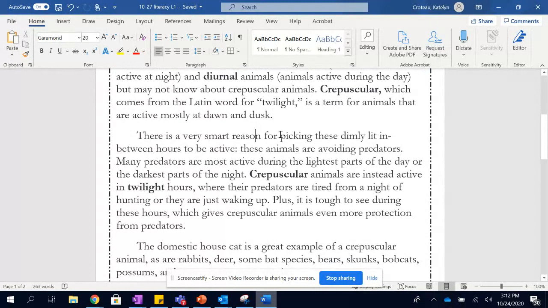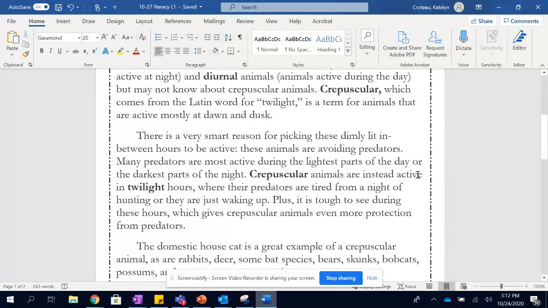There is a very smart reason for picking these dimly lit in-between hours to be active. These animals are avoiding predators. Predators are the animals that hunt them. Many predators are most active during the lightest parts of the day or the darkest parts of the night.